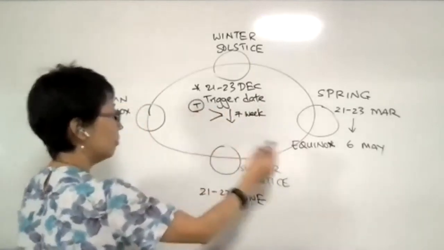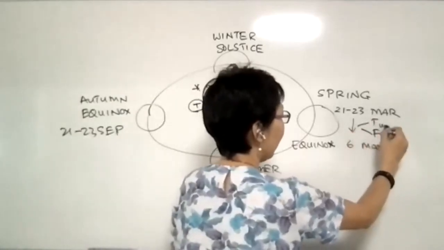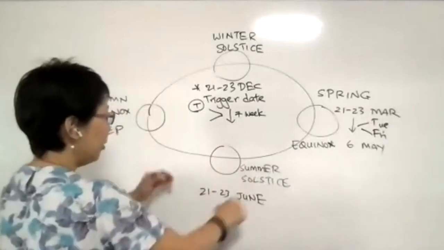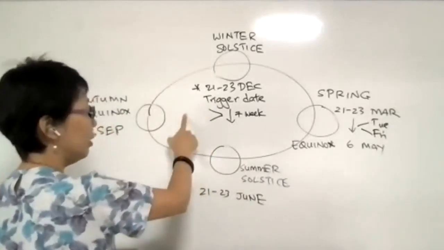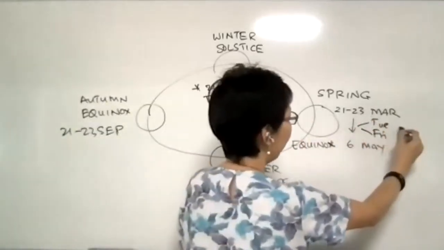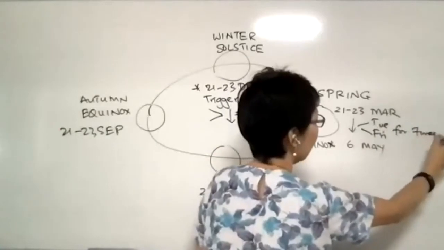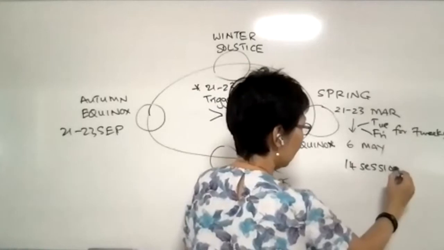This cycle, right now, we do Tuesday and Friday. I do not know whether it will always be a Tuesday and a Friday, but it will definitely be twice a week. Twice a week for 7 weeks means you have a total of 14 sessions.